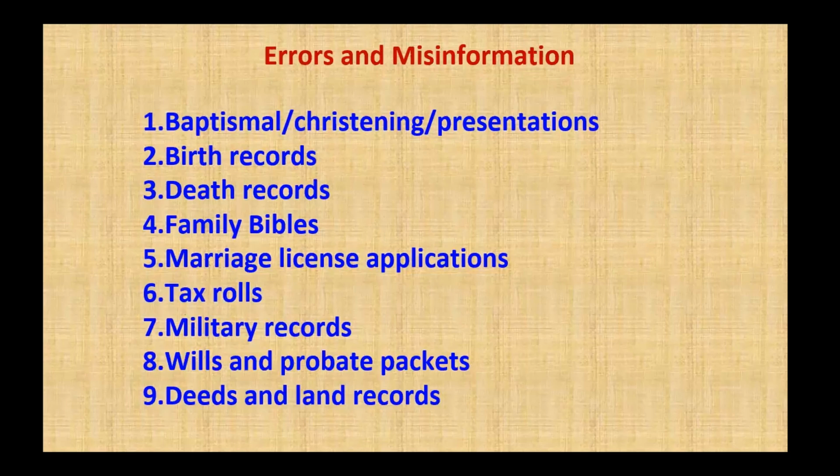Now, when it comes to family Bibles, generally speaking, the information in them tends to be more accurate than what you're going to find in a lot of civil records. But there is one thing that you should be aware of with family Bibles. Look at the date of publication. If a family Bible came from, let's say, the late 1700s, and all of the entries in there follow the pattern from that time forward, sometimes the handwriting will be a little different as people died and others took up the recording.